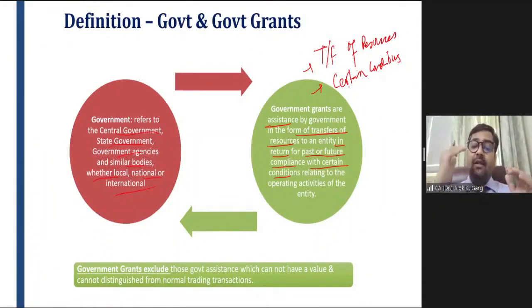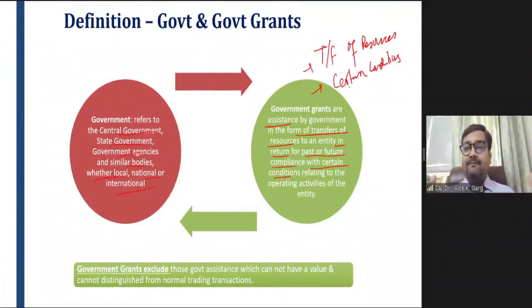So the condition is that the hospital has to treat the COVID patients. The school has to teach at least 100 weaker section students, then the government will provide a grant. Third, if the company installs its plant in a remote area, the government will provide a grant. If the company generates at least 1,000 employment in a year, the government will provide a grant.